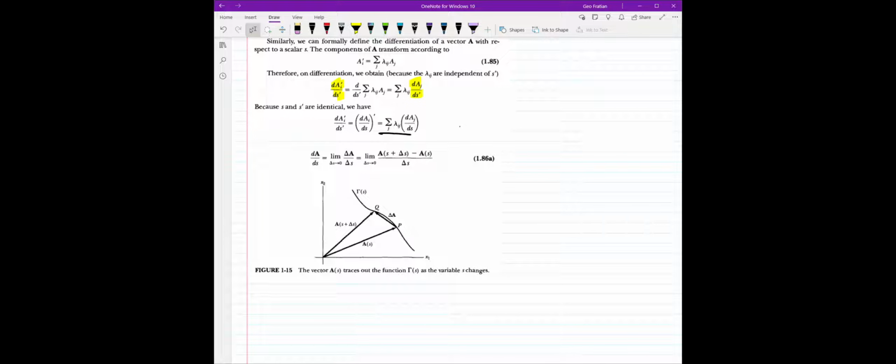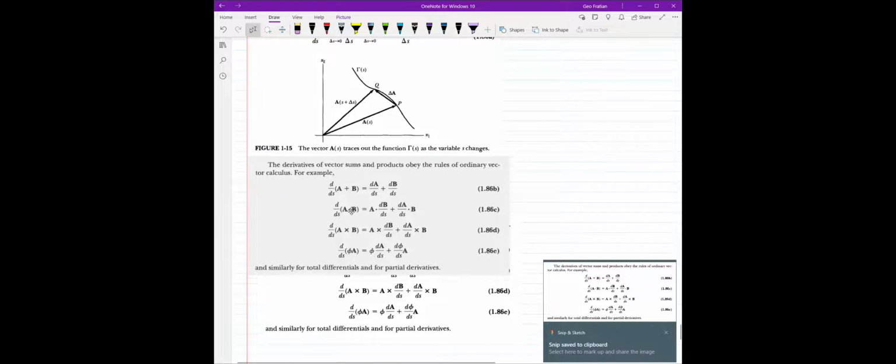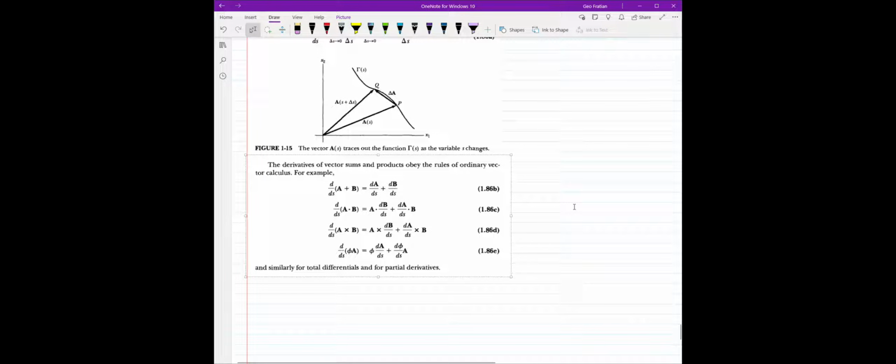The derivatives of vector sums and products obey the rules of ordinary vector calculus. What that means is, take the derivative of that. Well, that's the same thing as doing it individually for each. Dot product, again, it looks like A dot B, so it looks like chain rule.